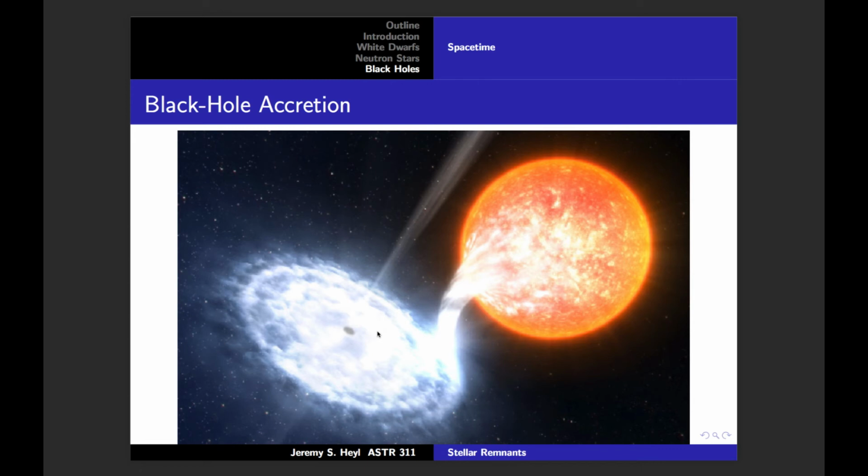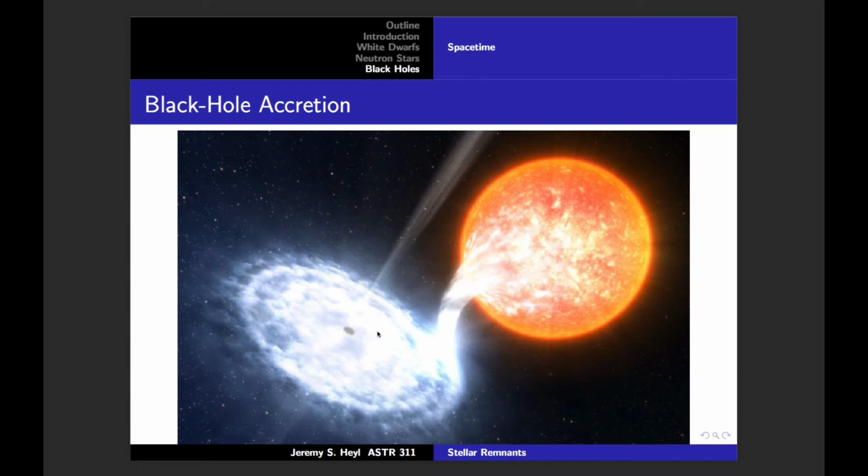So we have a star who's somewhat more massive than the sun, and it's losing mass to a black hole that's nearby, and the black hole just pulls it off using the gravity. And what we'll see is as the material spirals down towards the black hole, it gets stretched and squeezed by the gravity, and it heats up to millions of degrees. So that disk of material will glow in X-rays.